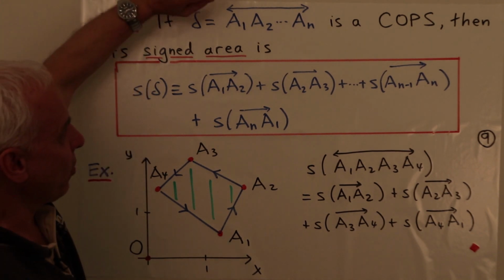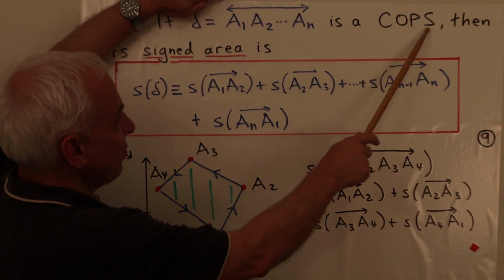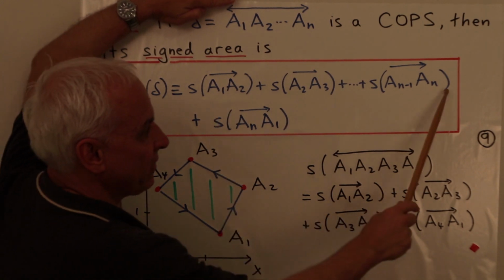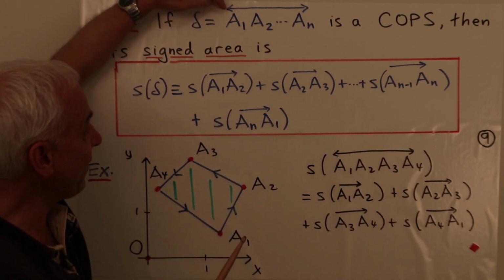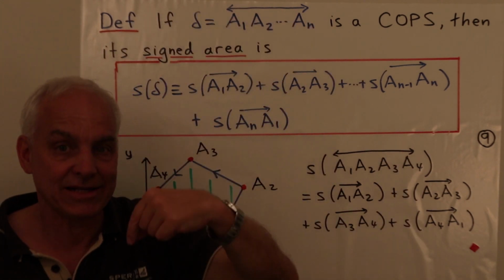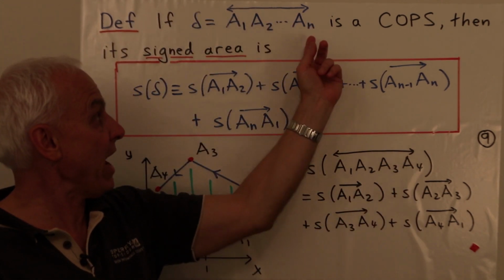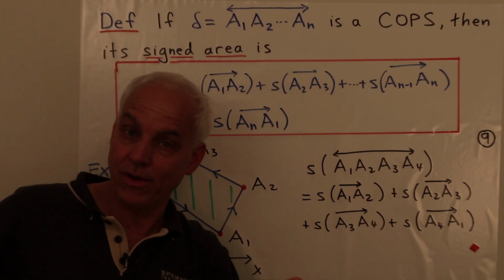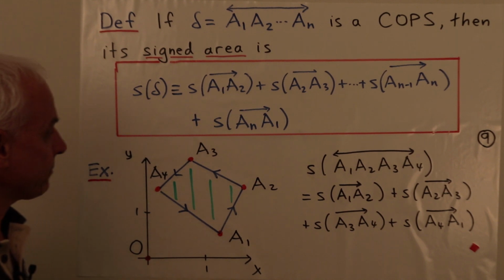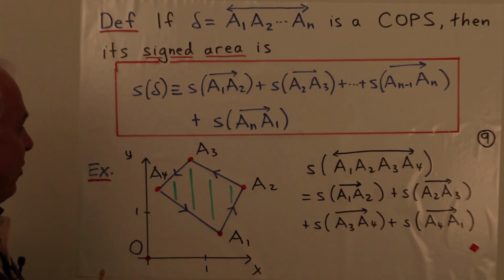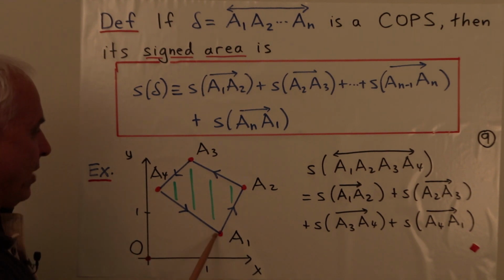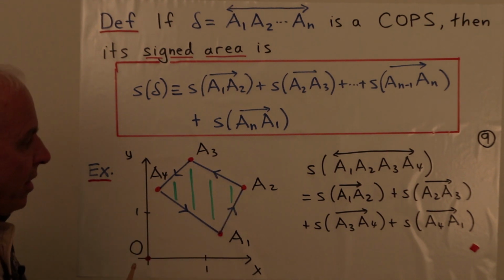So if this was just an ordinary oriented polygonal spline without that arrow there, then we would have stopped the definition at this point. But because of that arrow there, we're obliged to go back to the beginning and include that last oriented edge from AN to A1, which is also in this story. So for example, here's a simple kind of quadrilateral, A1, A2, A3, A4.